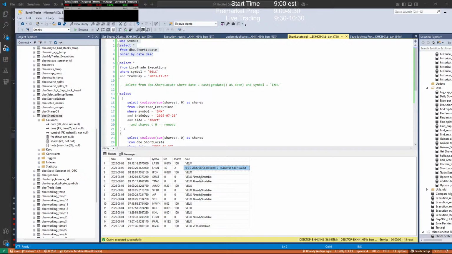It's almost like that's just an issue with their API or something. What's interesting too is all the other fields are correct except the price for the locate, and then the number of shares is wrong too.